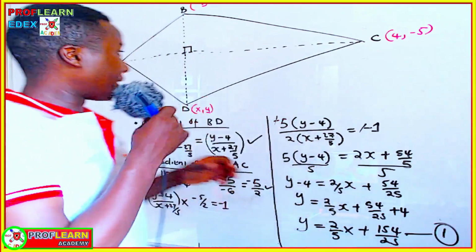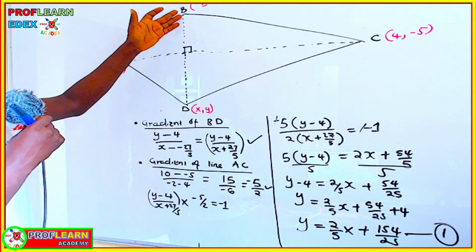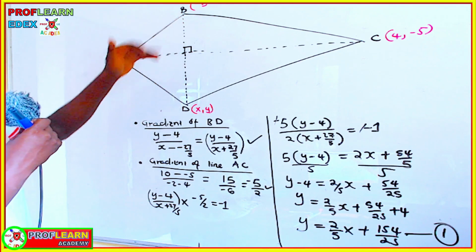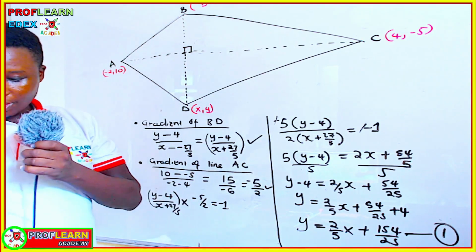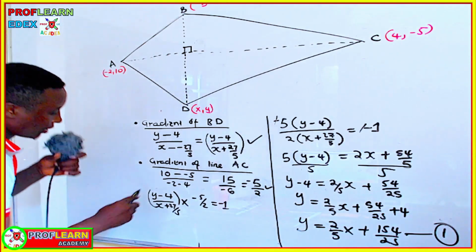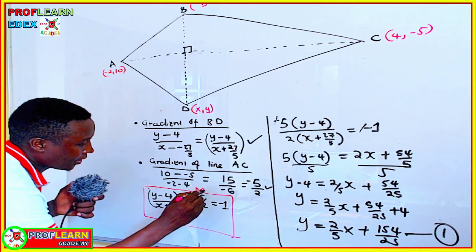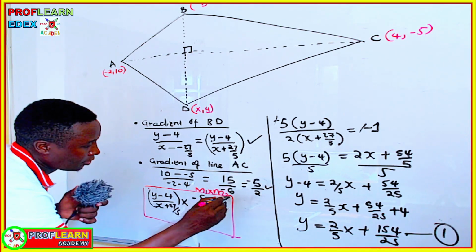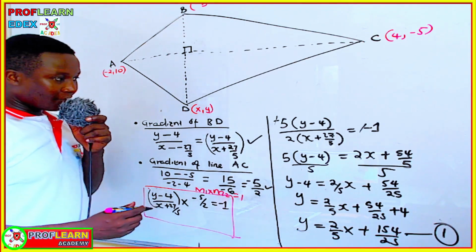This is our first equation, and remember, where did we obtain this equation from? We multiplied the gradient of this line times the gradient of this line, and that should be equal to negative 1. This is a property that you need to remember: m1 times m2 equals negative 1. That's the property we have used at this given point.